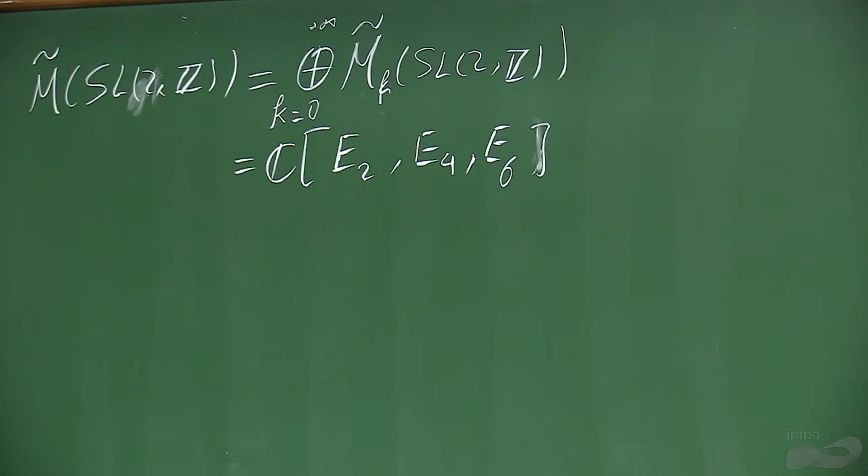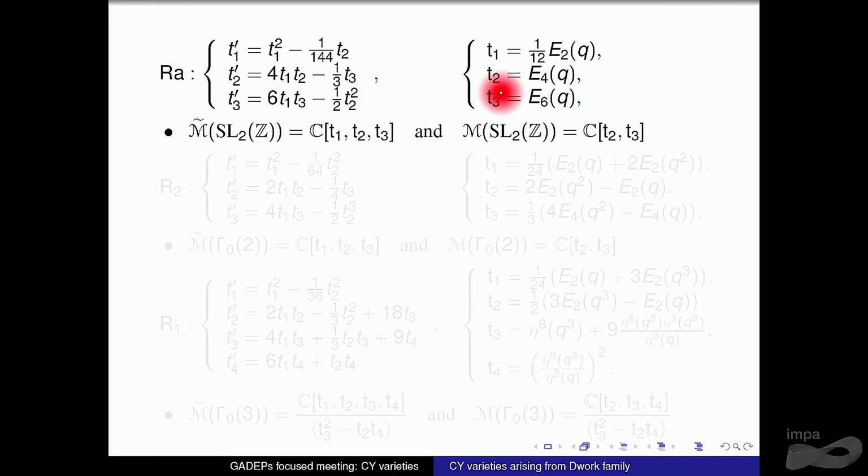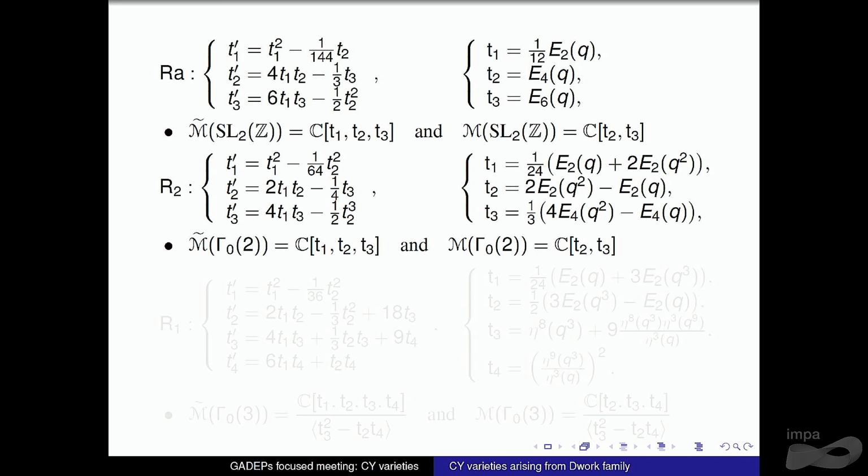And the same thing is happening here. I said that T1 is E2, T2 is E4, and T3 is E6, and the space of modular forms is generated by just E4 and E6. If we look at the other two systems as well, we see that the solution can again be written in terms of quasi-modular forms.